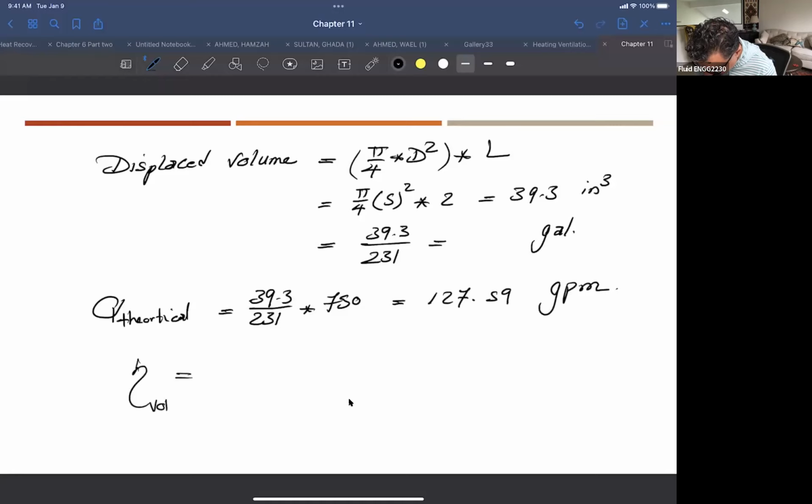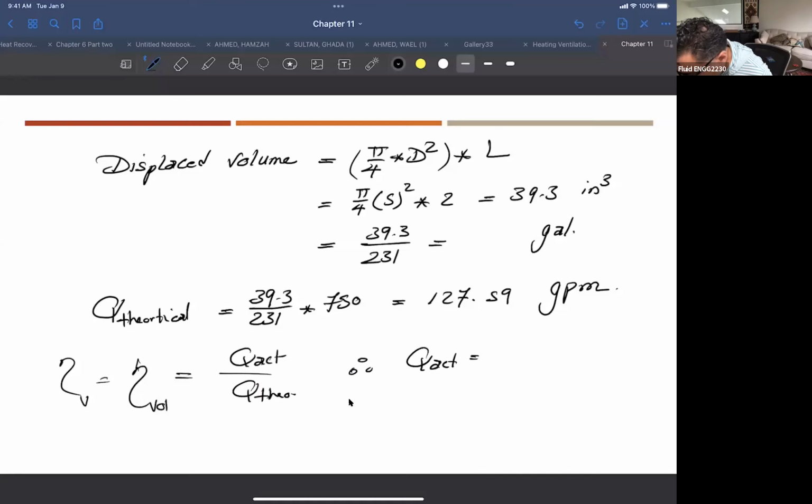Eta V, eta volumetric, is basically Q actual over Q theoretical, right? Therefore, Q actual is Q theoretical times eta volumetric.